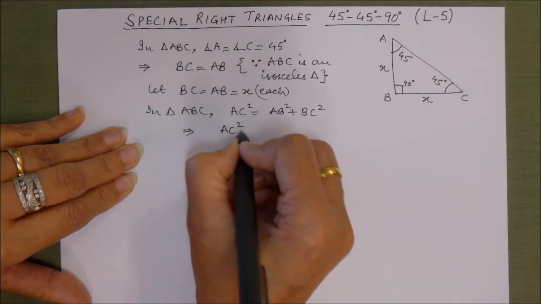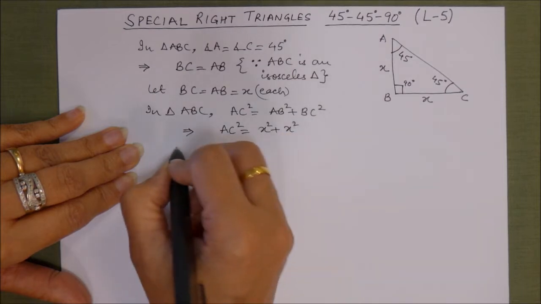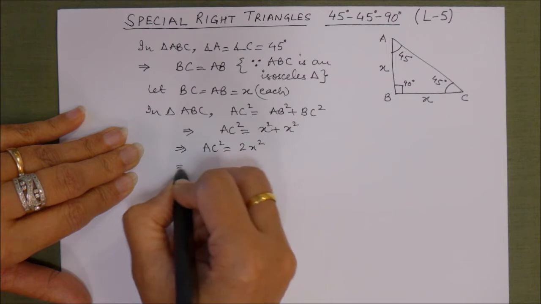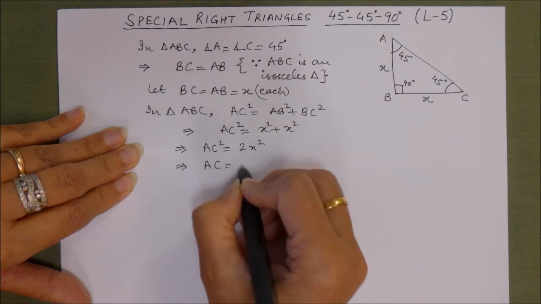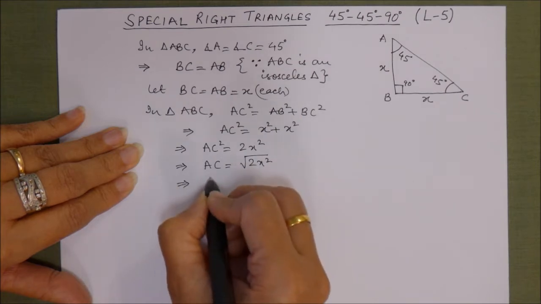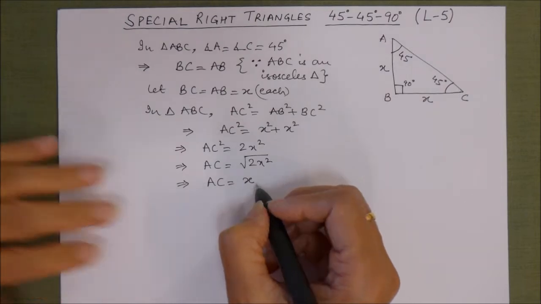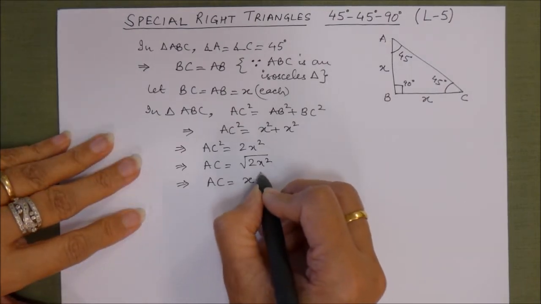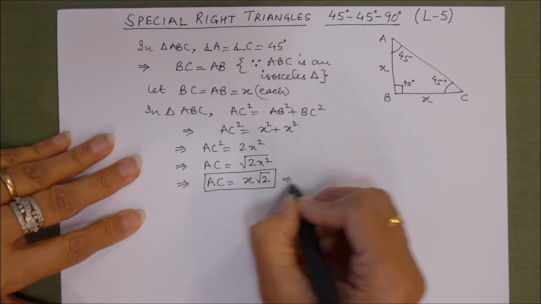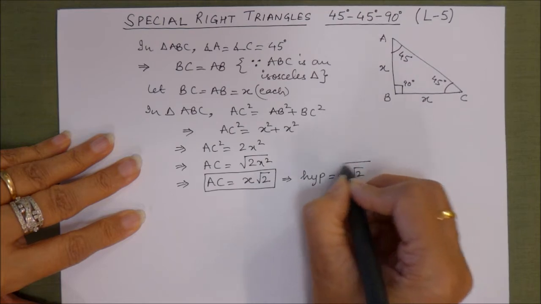So AC square will be x square plus x square, so AC square is 2x square, or AC can be written as square root of 2x square. So x square outside the square root it is x, so it is x square root 2. From here we can write the hypotenuse is x square root 2 units.